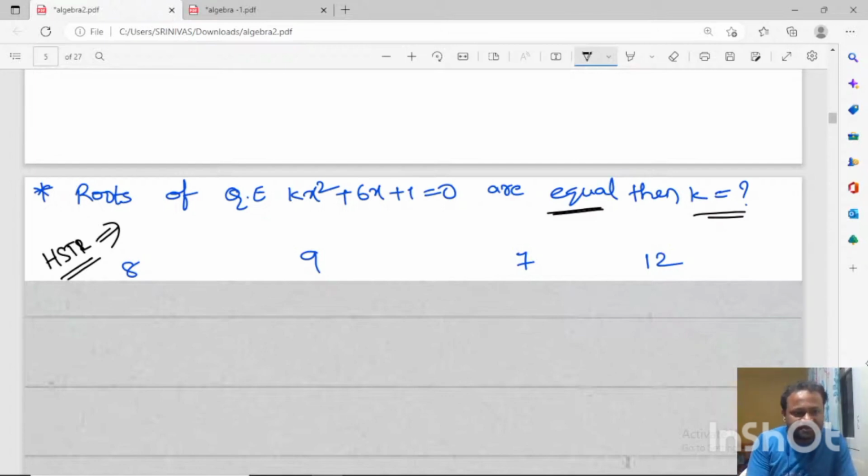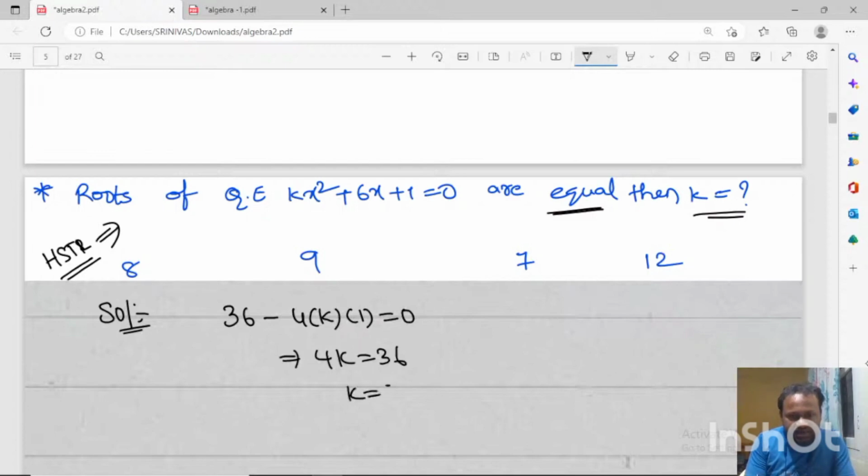Let me check. b square is nothing but 36 minus 4ac is equal to 0. That means 4k is equal to 36, k is equal to 9. Very easy problem. This is a previous problem. Okay, nice. Write it, no problem. That is correct.